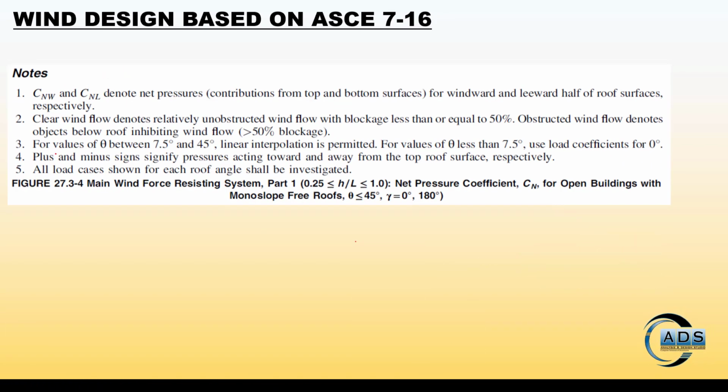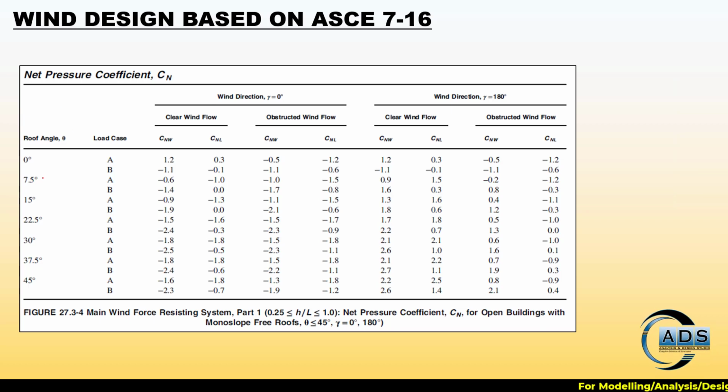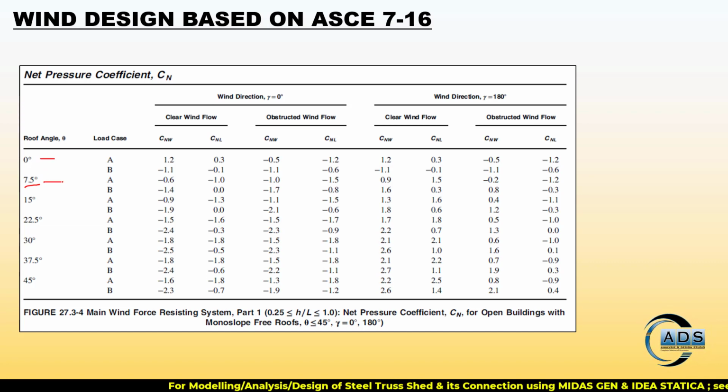The next point says that for values of theta less than 7.5 degrees, use the coefficients for 0. For example, there is written 0 and 7.5, so there is no need to interpolate between 0 and 7.5. Why?